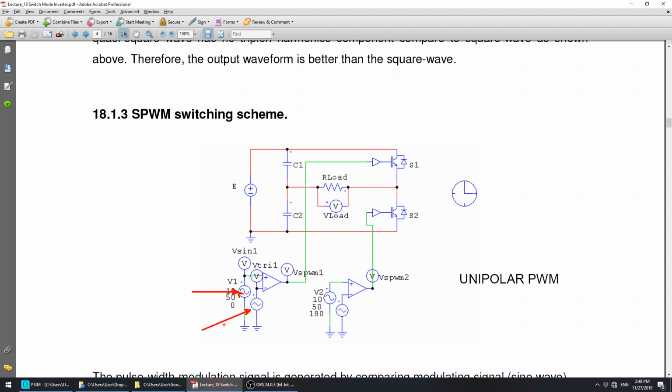The carrier signal frequency here will also determine the frequency of the two switches. So the switching frequency for the two switches depends on the frequency of the carrier signals. Let's look at the waveform.